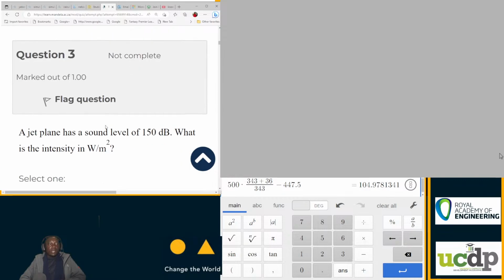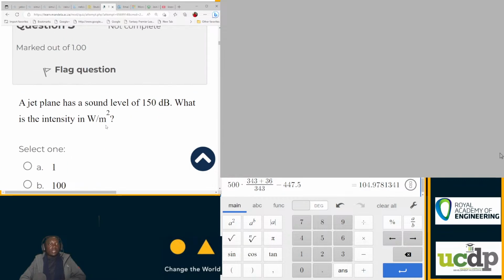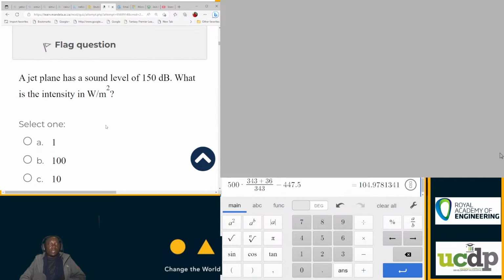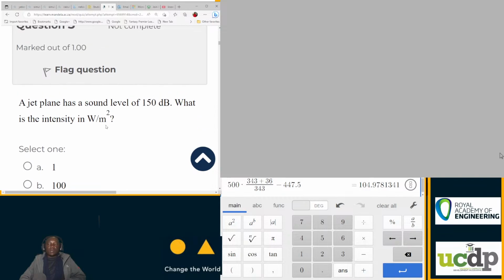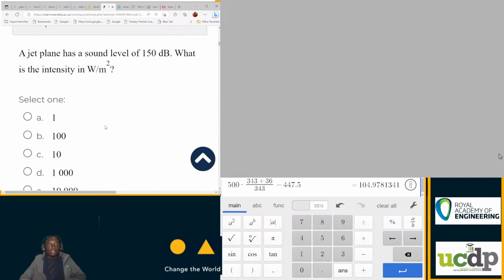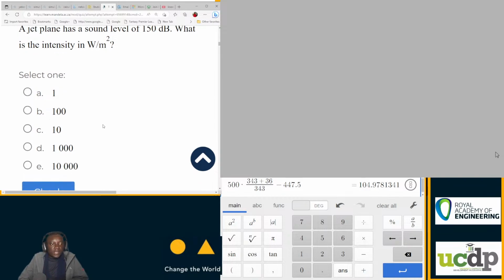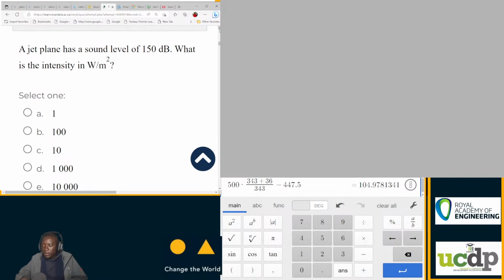Then our next question, question number 3, says a jet plane has a sound level of 150 dB. What is the intensity in watts per meter squared? Okay, so this is just a short question.